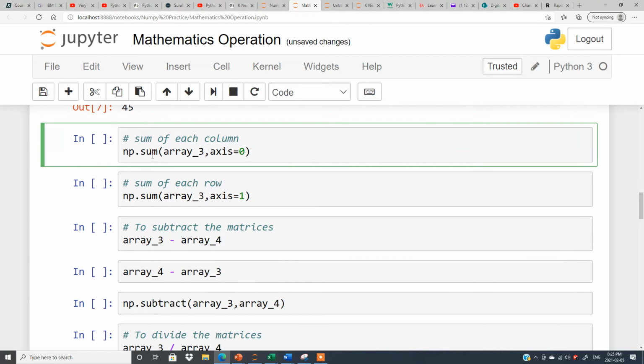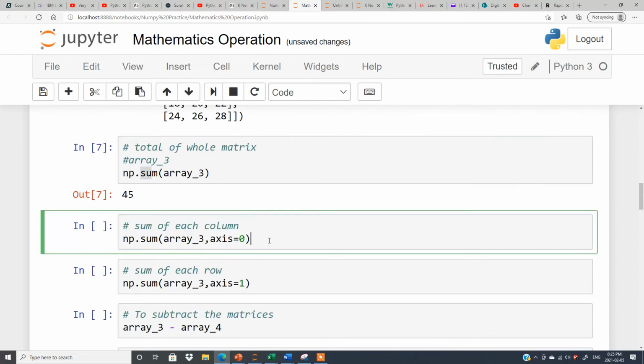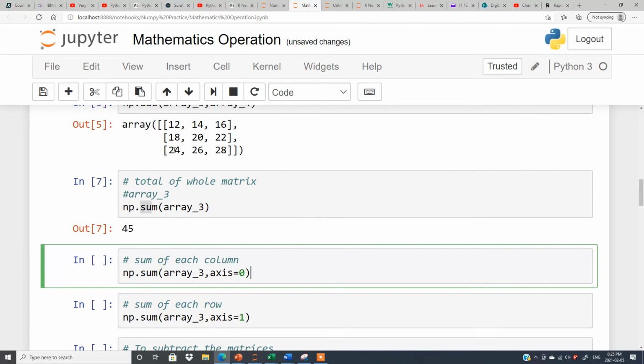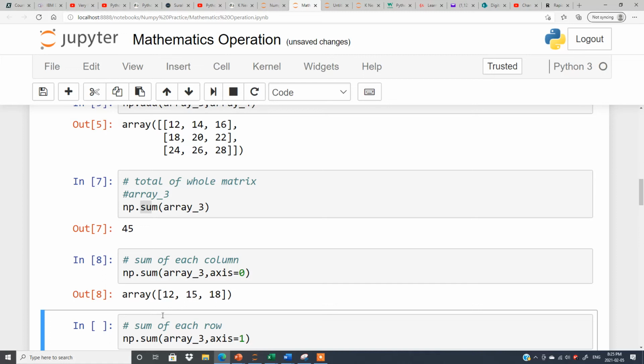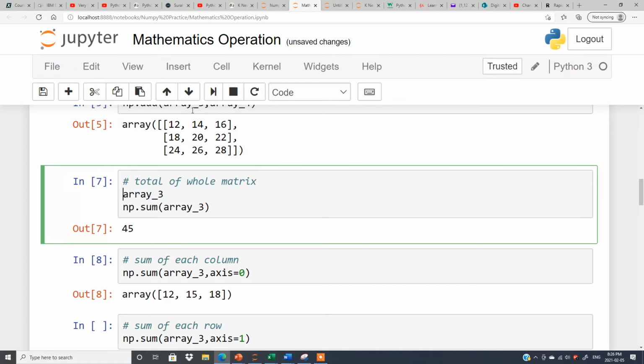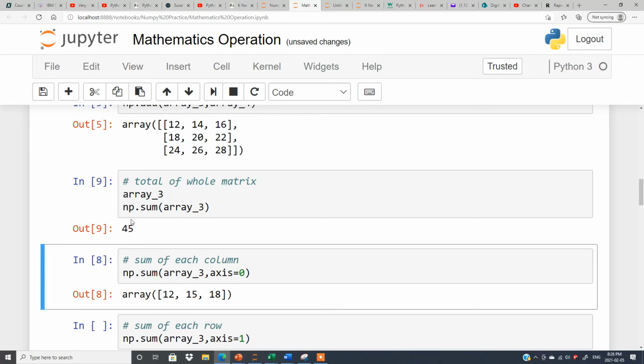Now here is np.sum and this array. If you want to sum each column, suppose you want the addition of this column, this column, this column, then you have to put axis equal to 0, right? I will run it and show you the output. So see, 12, 15 and this. So how come I have this?